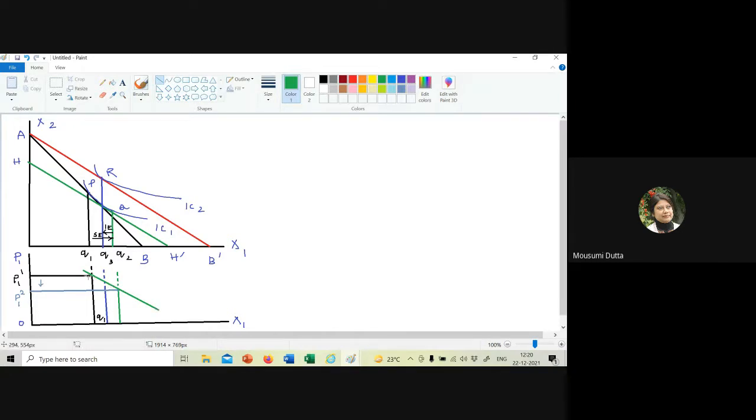So I can draw a straight line joining this initial point of consumption and this point of consumption.